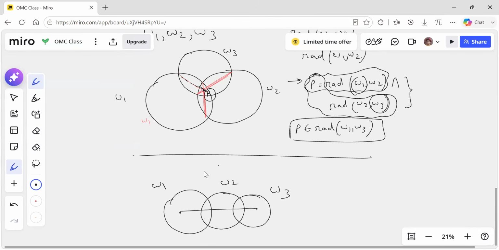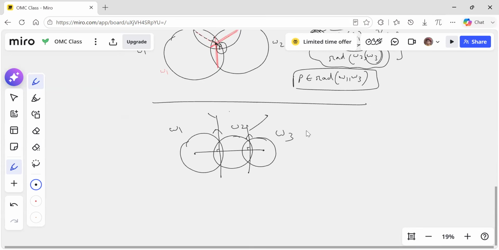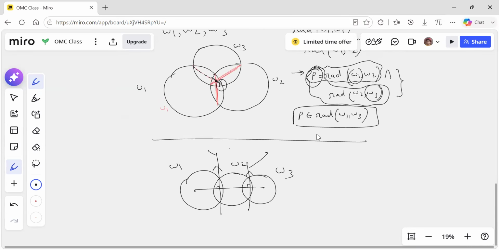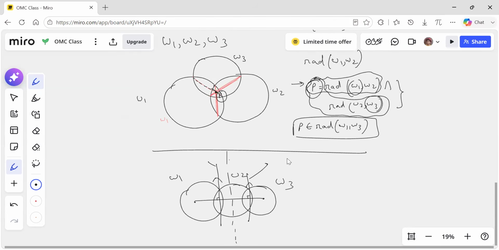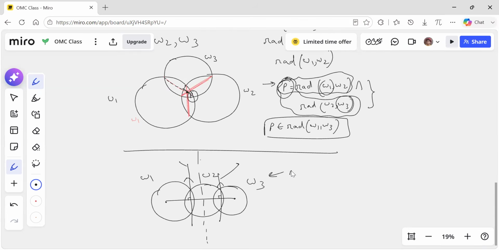Since the radical axis is perpendicular to the line joining the centers, these two lines, rad omega 1 omega 2 and rad omega 2 omega 3, will be perpendicular to the same line, so they will be parallel, and hence I won't get such an intersecting point. So in that case, we won't have a radical center because these themselves never intersect. Even if we introduce the radical axis of omega 1 and omega 3, it will never intersect these two. So in this case, radical centers do not exist.